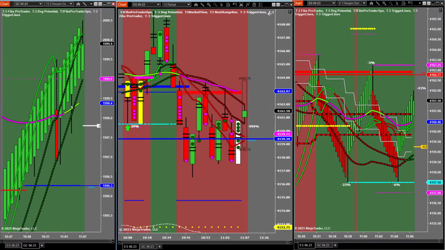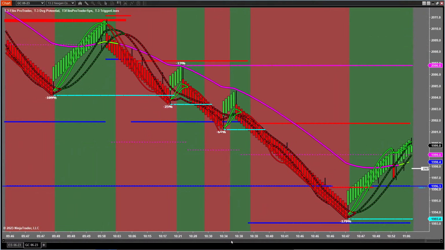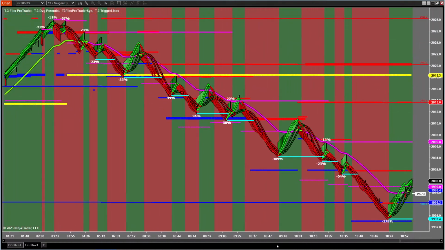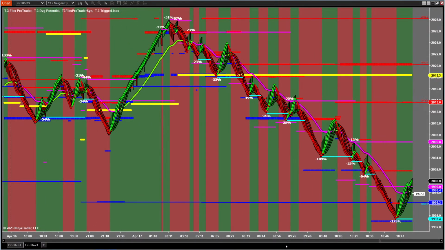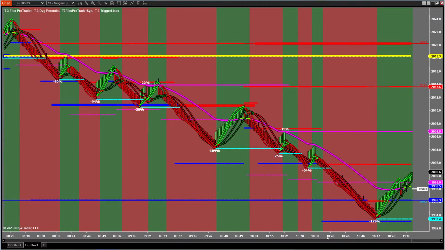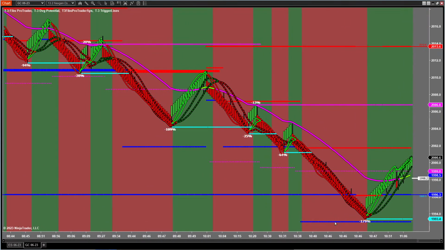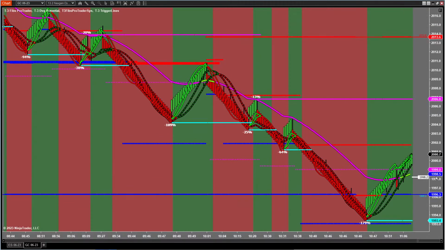All right, let's look at some gold. Gold's been a hell of a lot more fun than the S&P lately, if you haven't noticed. Here's gold today. A little bit more fun than the S&P. What do you think? And again, look, there's some key spots that stand out when I look at this chart.